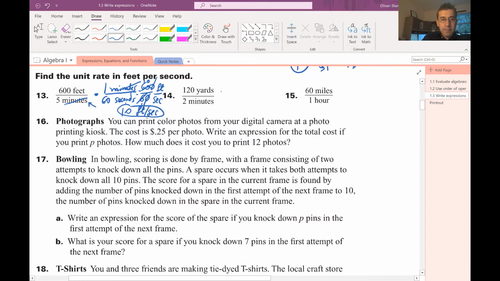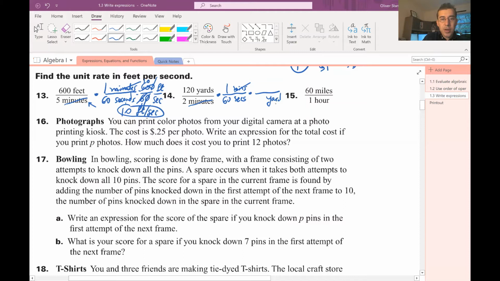So the next one, we need seconds on the bottom. So pretty much the same thing what we just did here. So seconds and minutes. So 1 minute has 60 seconds. So minutes and minutes are going to cancel out. So now we have seconds in the denominator. We need feet on the top, right? So what we need here is yards on the bottom.